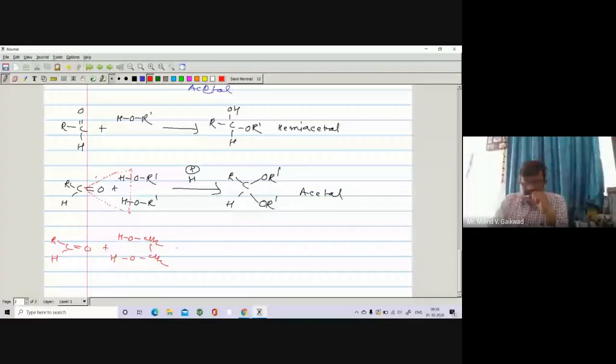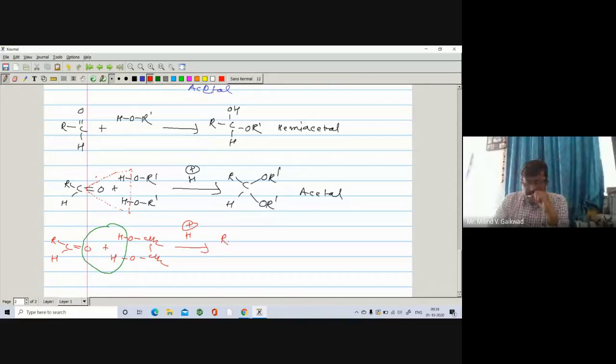So I think there's no need to write the mechanism. You can see the mechanism. Just replace the water molecule from this one, and we can get the corresponding product.